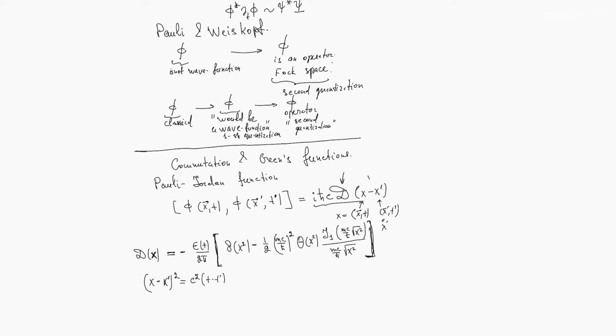So the standard 4-interval. What else? Theta of x is the Heaviside theta function. Let's call it the step function.